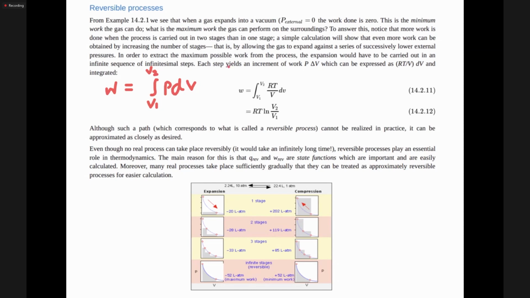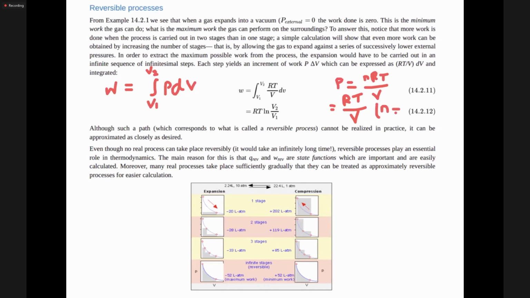If we consider the gas to be ideal in nature, we know that the ideal gas equation is PV equals nRT. So we can write P as nRT by V. If we take this n beneath the V, for 1 mole of gas, n is equal to 1.